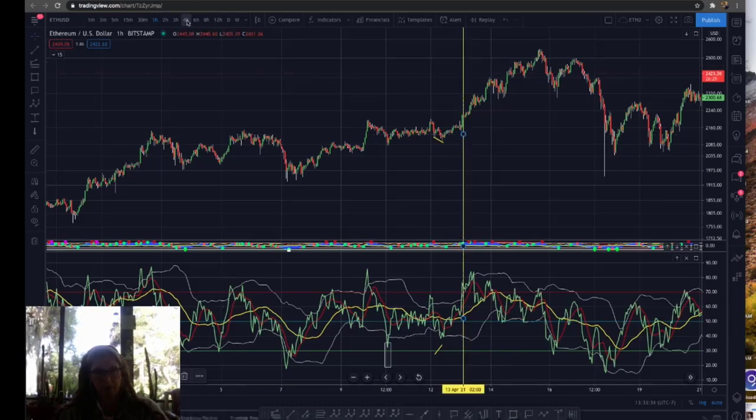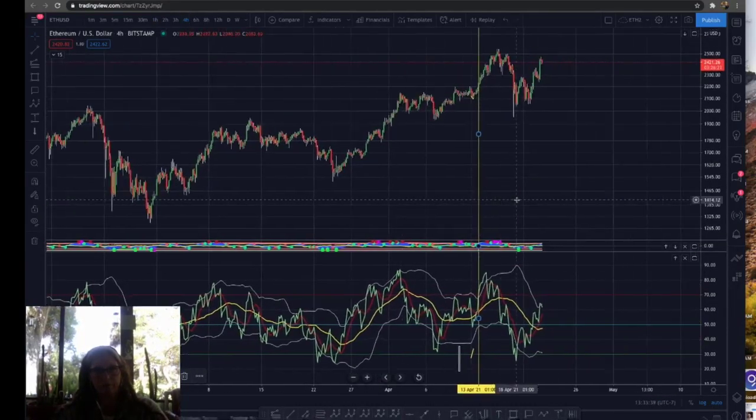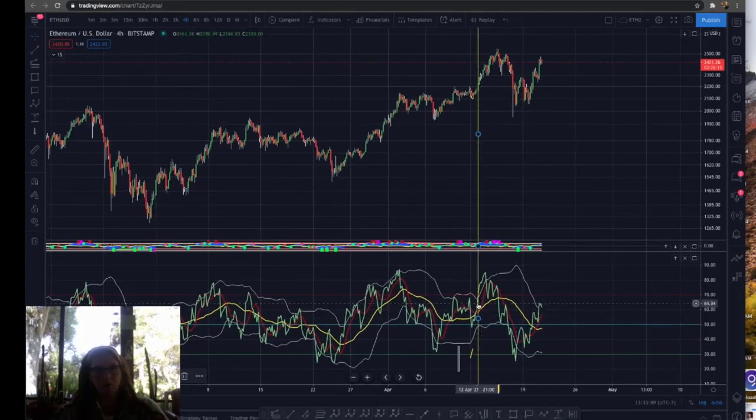You move up a time frame to the 4 hour. The 4 hour is just touching the band. So you move up to the 8 hour.